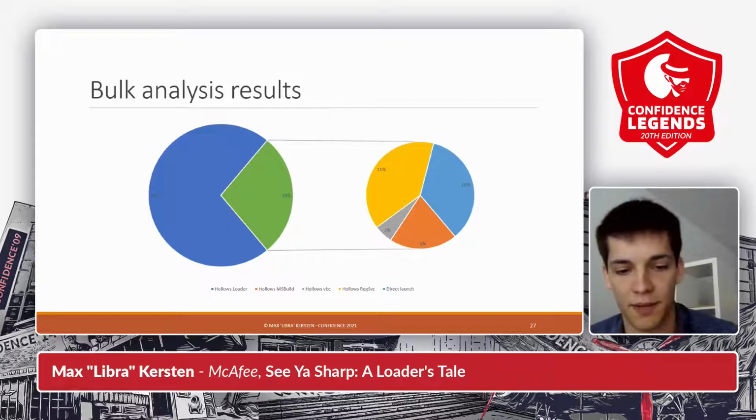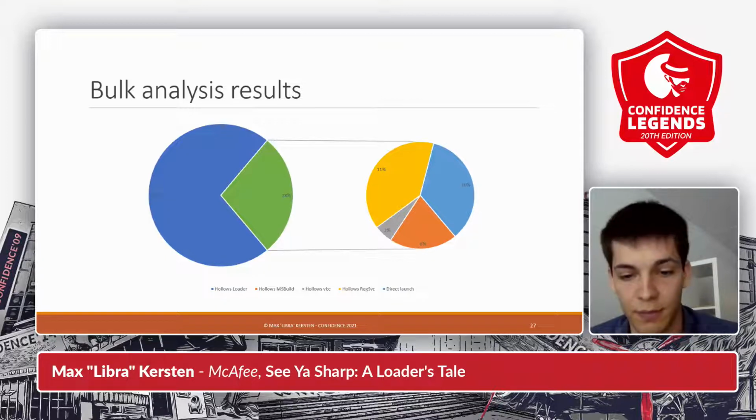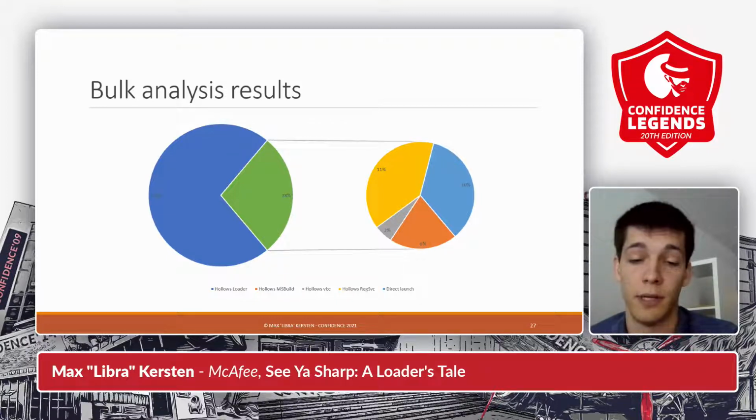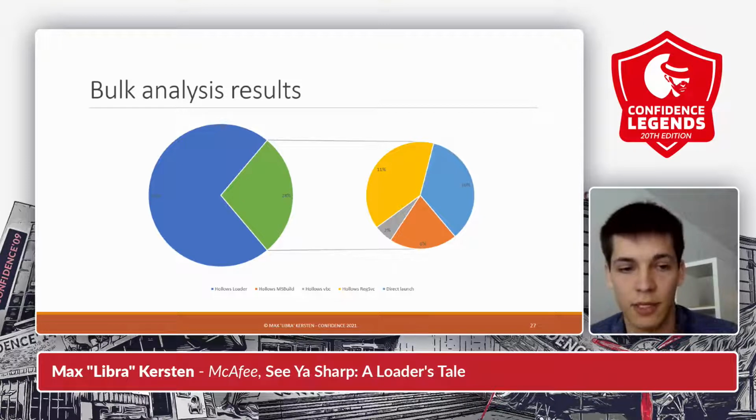Now, the execution method has several options. You can hollow MSBuild, you can hollow vbc, you can hollow the reg service, you can hollow the loader, and you can do a direct launch. 72% of all loaders hollow the loader, or a new instance of the loader, technically.